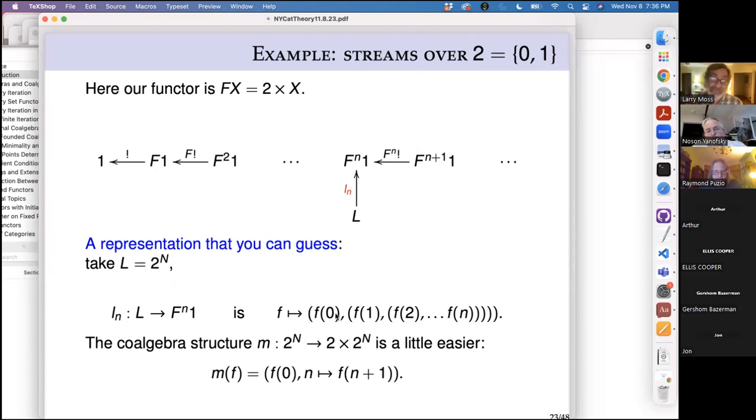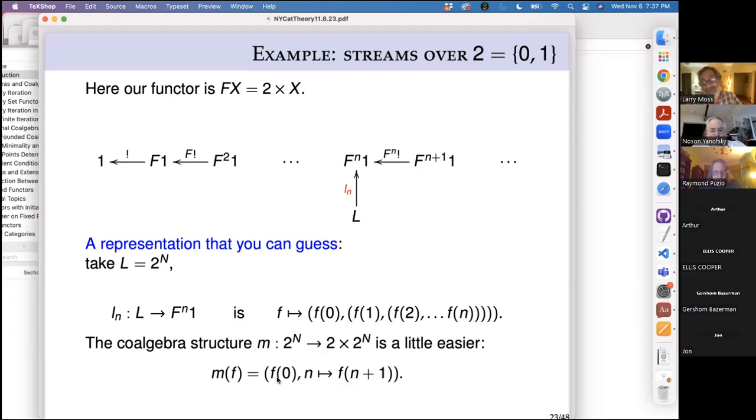It would be the tuple F0, comma, the tuple F1, comma, all the way down to Fn. And if you work out what the coalgebra structure is, you should check that the limit is preserved by this functor, and then you work out what this M is. It takes a sequence to the following two things. If somebody gives me a function f, I have to give out a 0 or a 1.